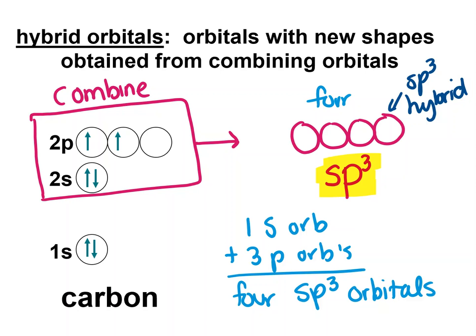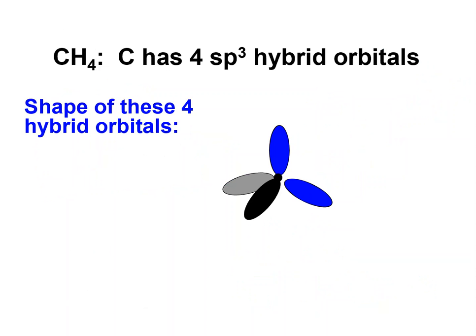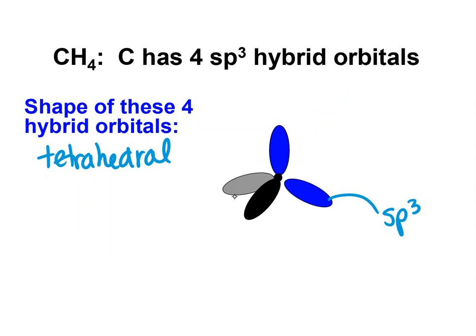Well, what do you think the geometry would be if you have 4 orbitals? How would they get apart from each other? It might be like you would think. I have 4 of these orbitals, and so the shape of those is going to be tetrahedral. So these are the sp3s, and there are 4 of them.